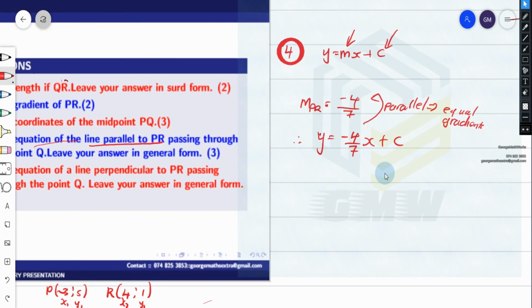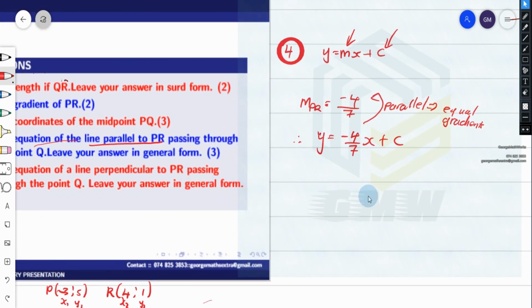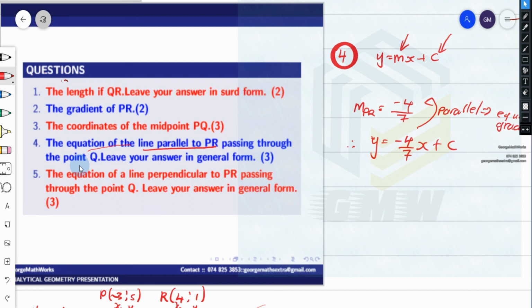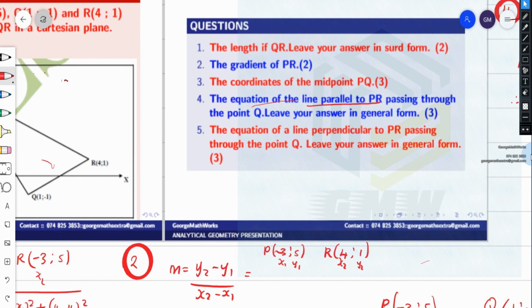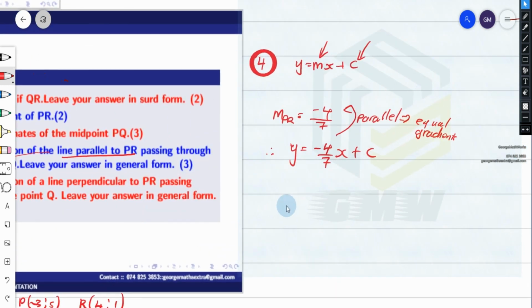Now, the sentence continues to say that it passes through the point Q. So the coordinates of Q, we know them here as 1, minus 1. Therefore, if the line is passing through this point Q, it means that this point will satisfy the equation.